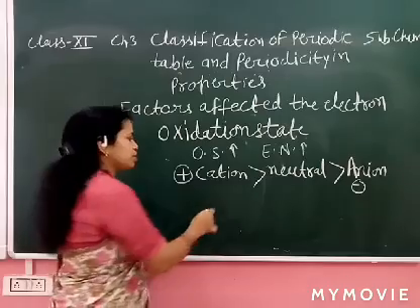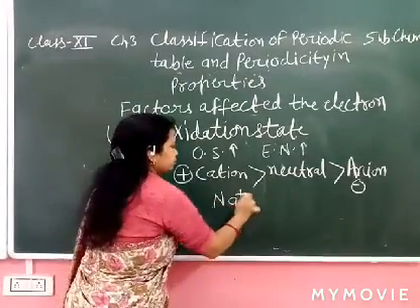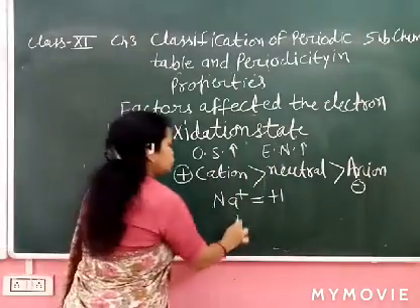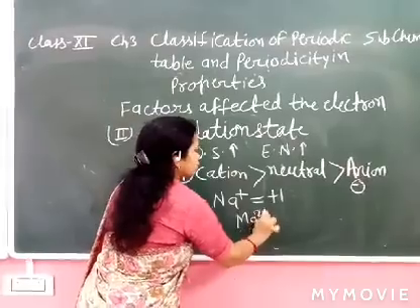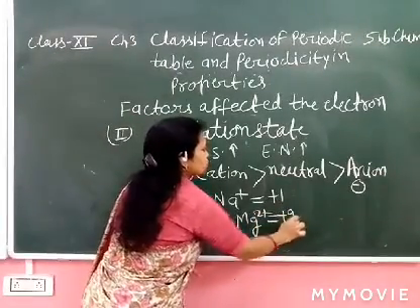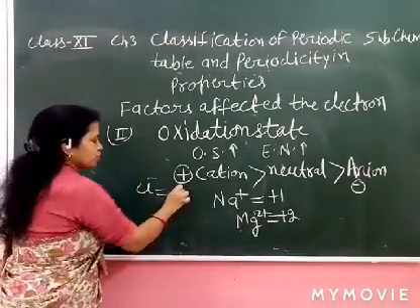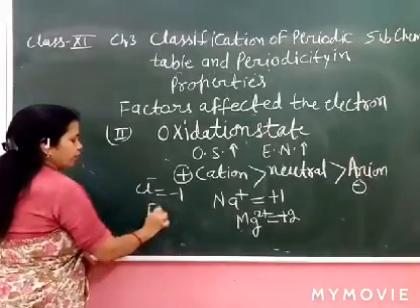The oxidation state, suppose Na+, the oxidation state is +1. Mg2+, the oxidation state is +2. Cl-, the oxidation state is -1. F-.